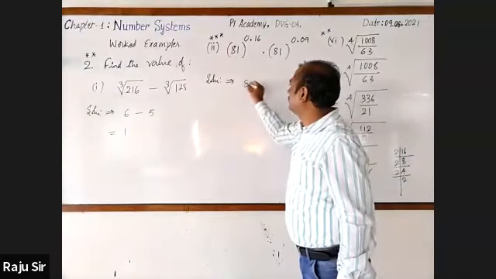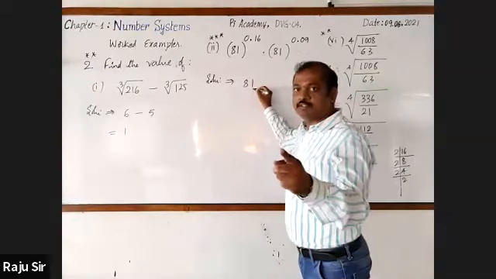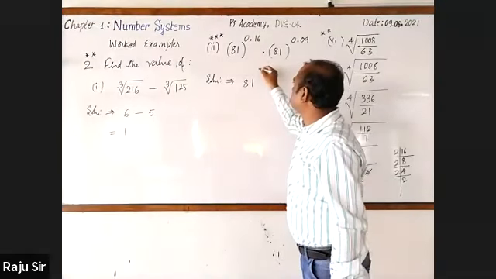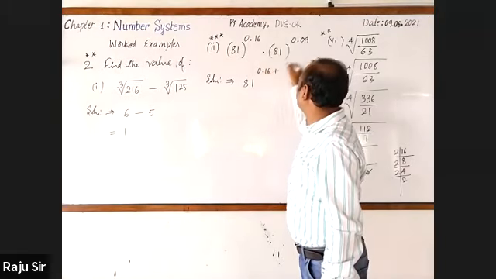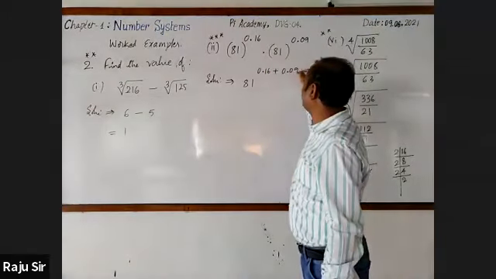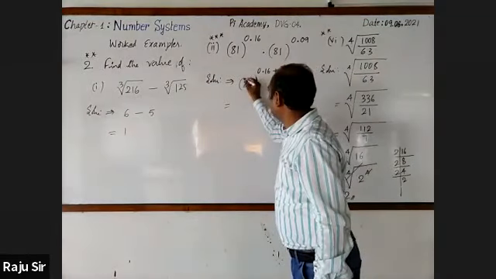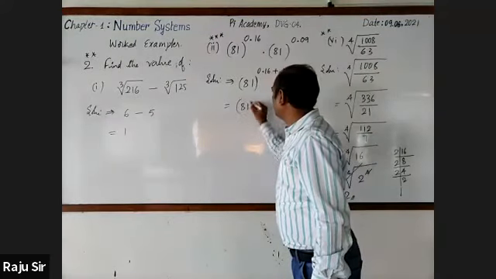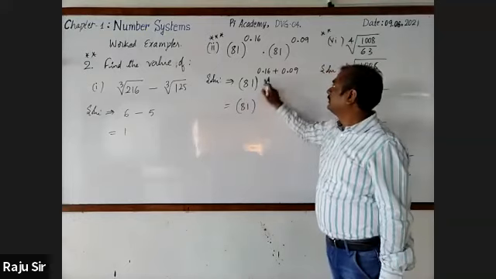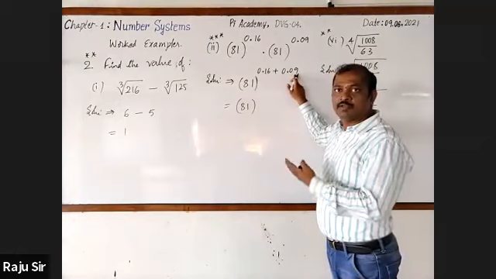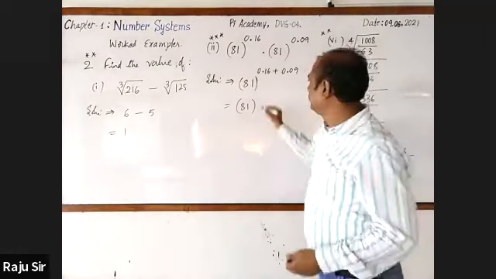Let us use that. 81 whole raised to the power 0.16 plus 0.09. When you add them, you get 0.25.